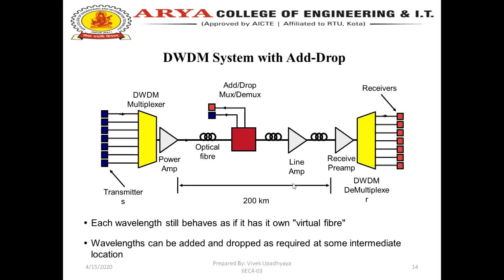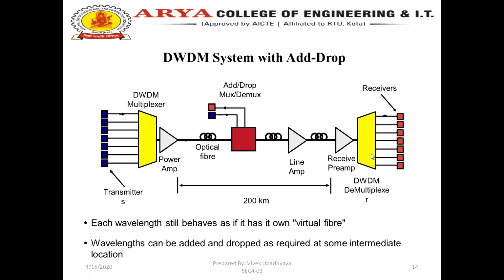This is the DWDM system with the add-drop components. Here is a DWDM multiplexer, here the power amplifier, then an optical amplifier, and here we apply the add-drop mux or demux. Then again here is the optical amplifier and line amplifier, and the previously discussed receiver pre-amplifier.